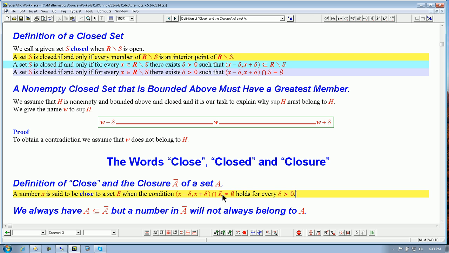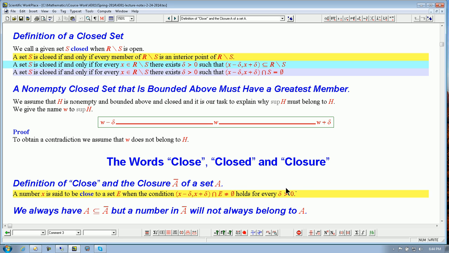The condition that a number be close to the set means that if you take a stick centered at x with positive radius, no matter what that positive number is, for every delta greater than 0, even if delta is teeny weeny, the intersection of that stick with E will be non-empty.